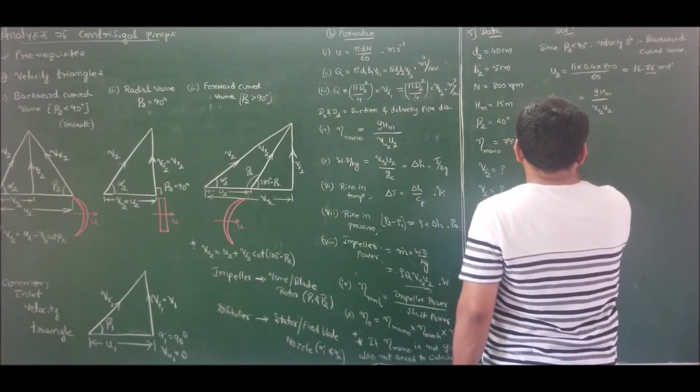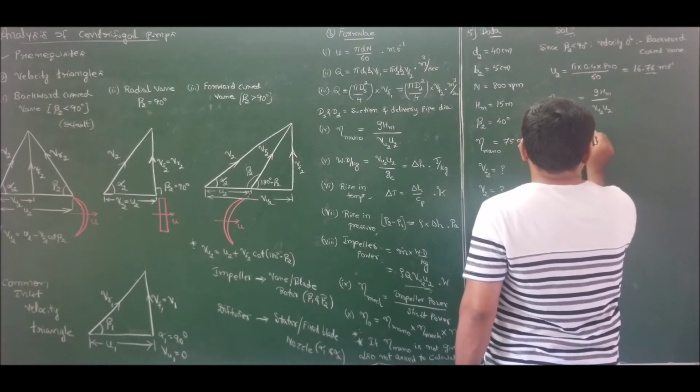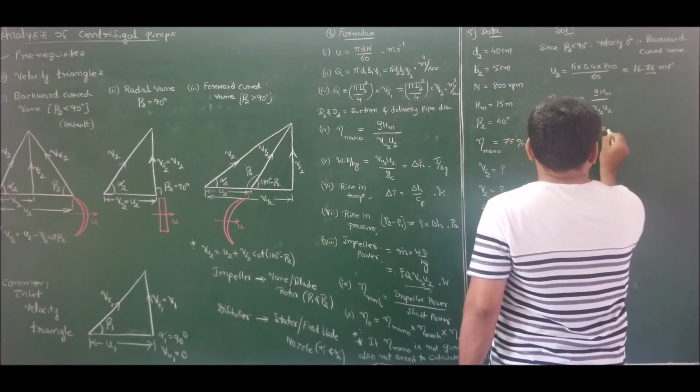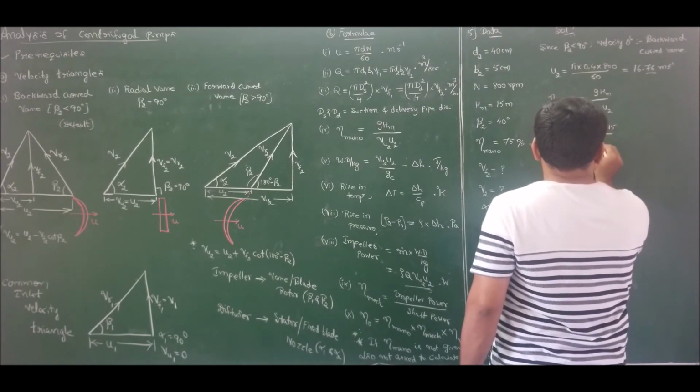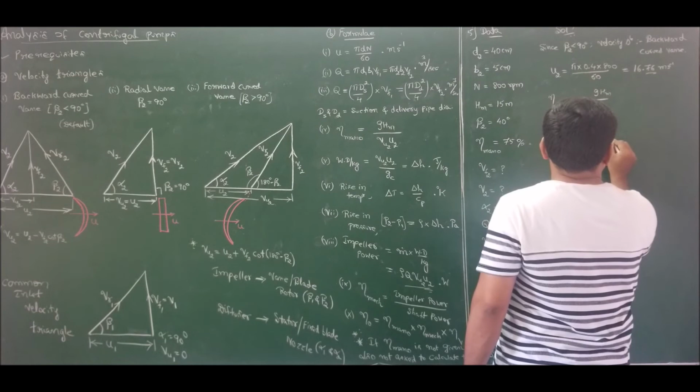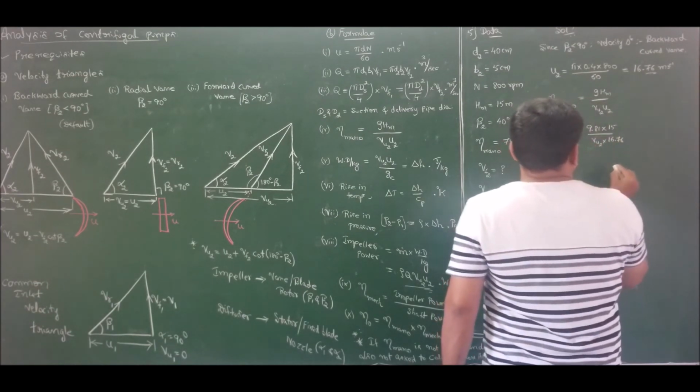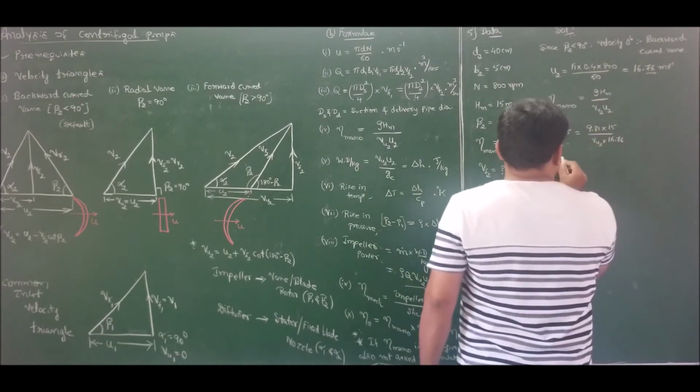Eta mano is 0.75, g is 9.81, HM is given 15, divided by VU2 into U2, 16.76.